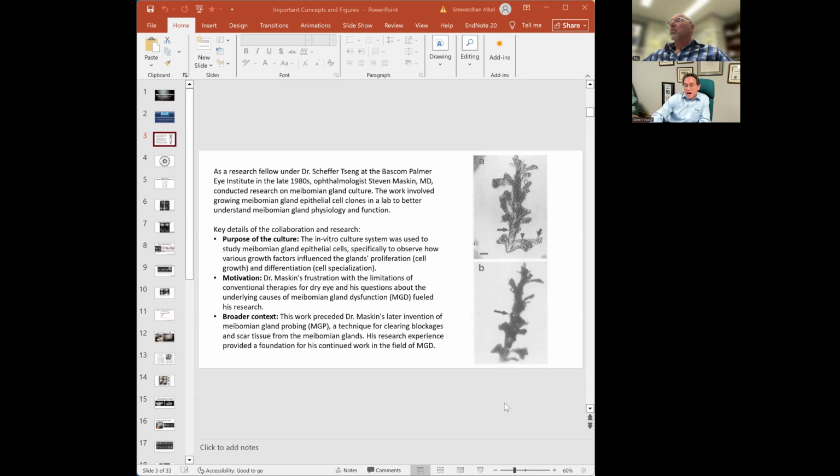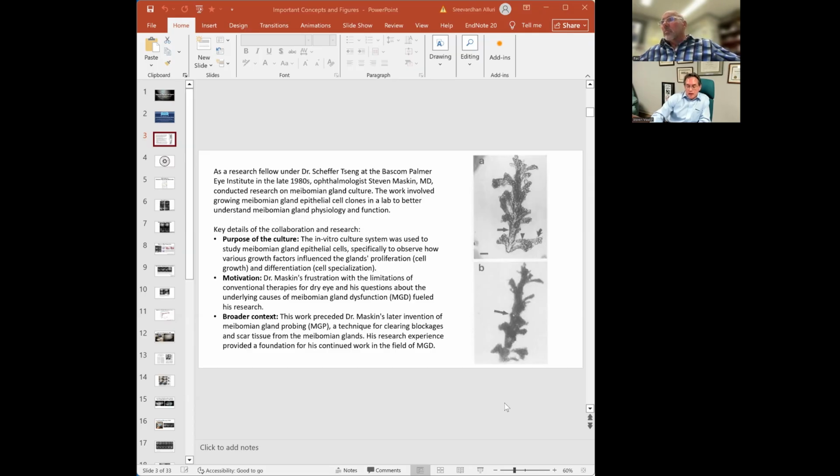I had no idea at the time that 15 years later, I would invent and develop this procedure called Meibomian gland probing to have helped so many patients, thousands of patients already since the mid 2000s when I started offering this procedure. I learned about its effectiveness and started offering the procedure.